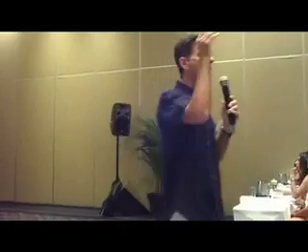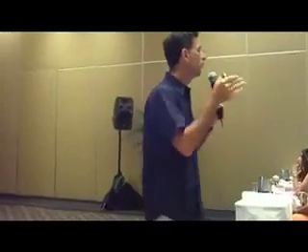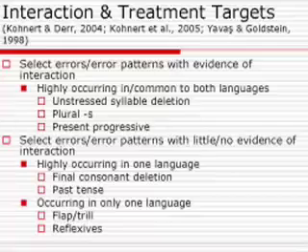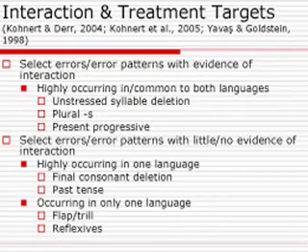So you look at the errors in each language, and those that are most commonly occurring in both languages are things that you want to target first. Again, you're not yet thinking about which language to target them in. You're only looking at the patterns and deciding which are the most appropriate targets. So things like unstressed syllable deletion, deletion of plural S, or lack of present progressive. Right? Again, these are common properties across the two languages.